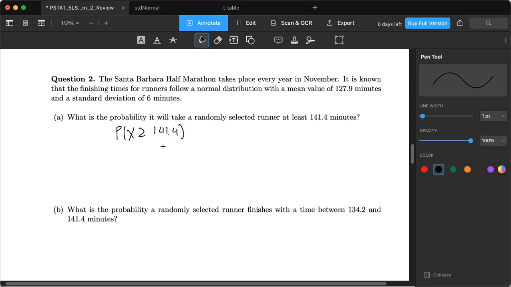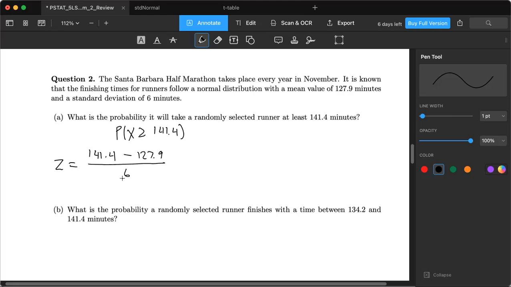So this is where we find the z-score. z is equal to 141.4 minus the mean 127.9, divided by 6.